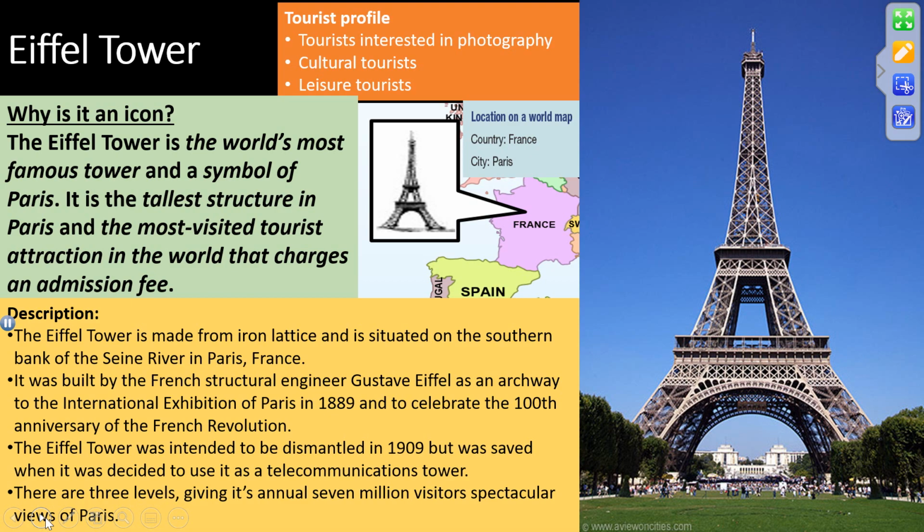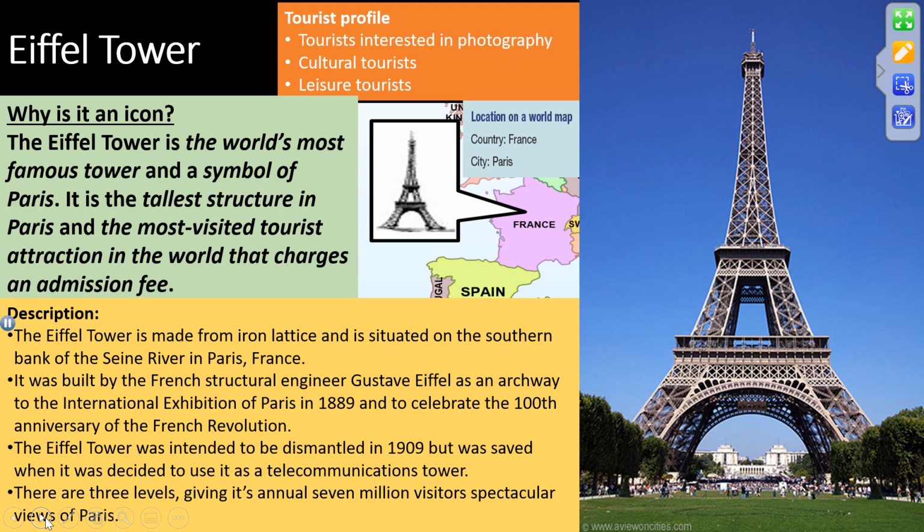If you take a look at the middle of your screen, you will see the location on a world map. It shows you where Paris is. The Eiffel Tower is an icon, as it is the world's most famous tower. It's also a symbol of Paris.